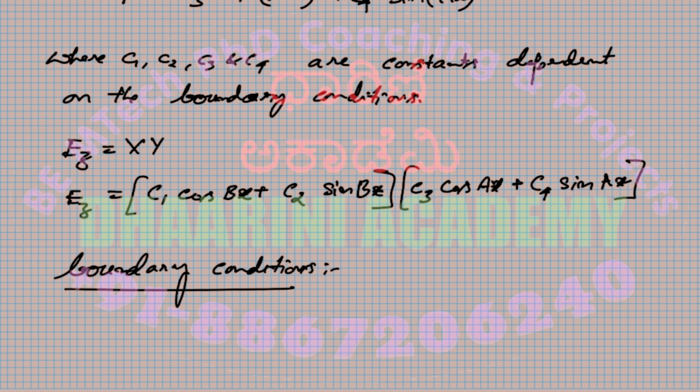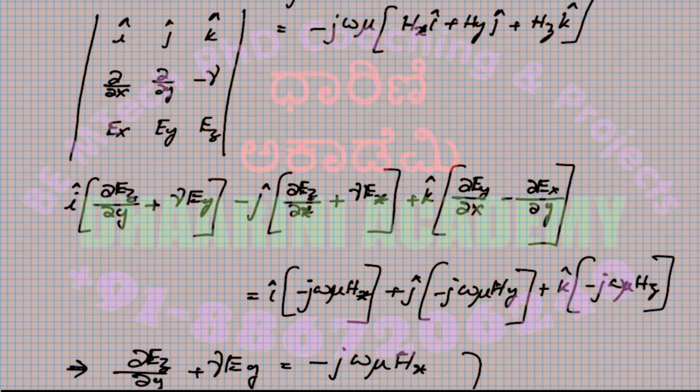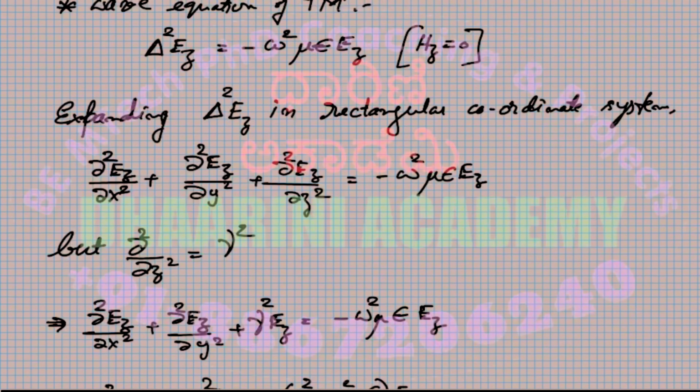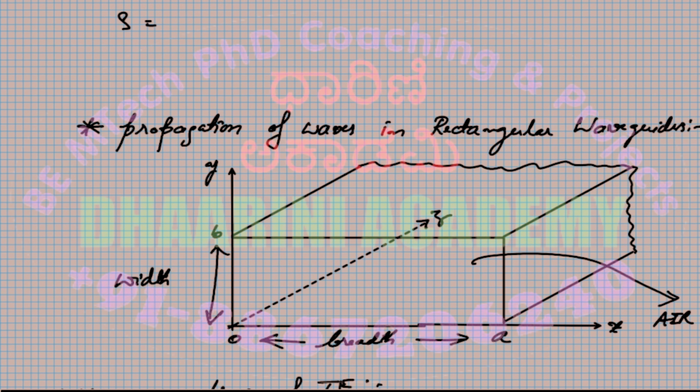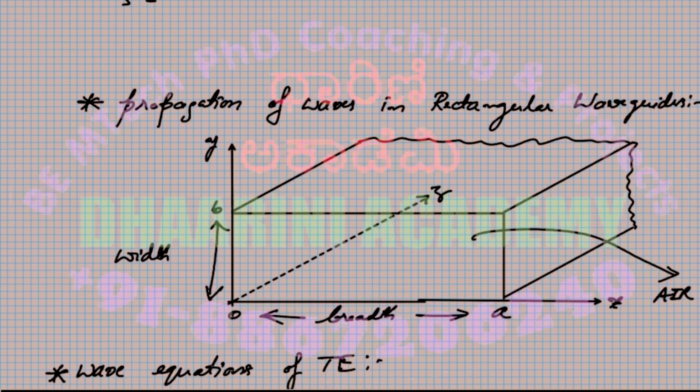Now let us consider the rectangular waveguide, which we discussed earlier. We had drawn a diagram, so I'll quickly go back to that diagram. This is the rectangular waveguide which we are considering.